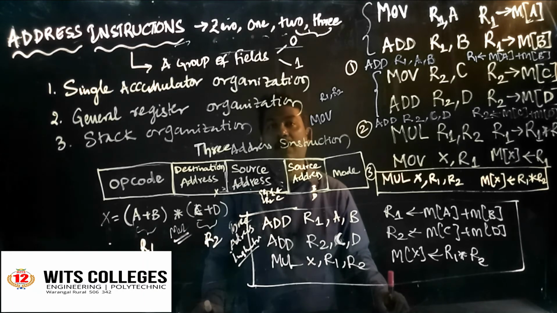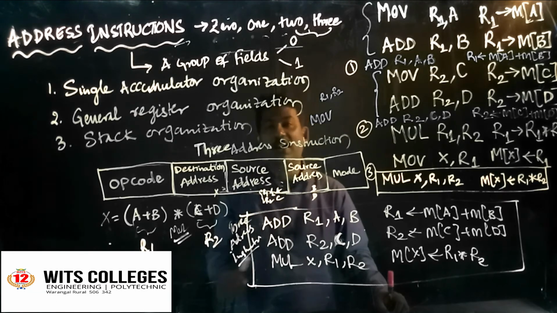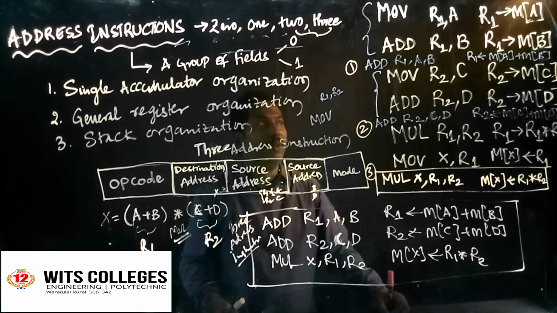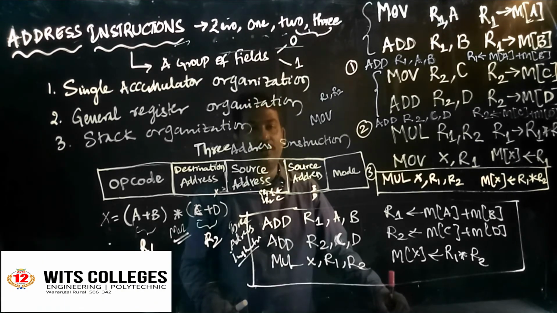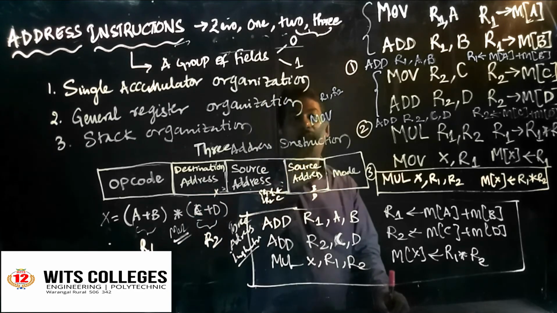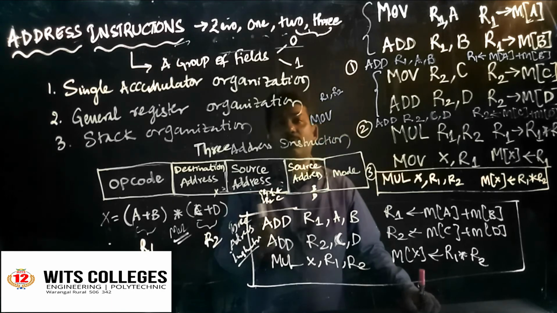Then comes the 2 address instruction, where the opcode will be there, destination will be there, source will be there and mode will be there. Only one source address will be there, because of it we will have a little lengthy procedure. That means we will use the MOVE instruction, which moves the operand from register to memory and memory to register.